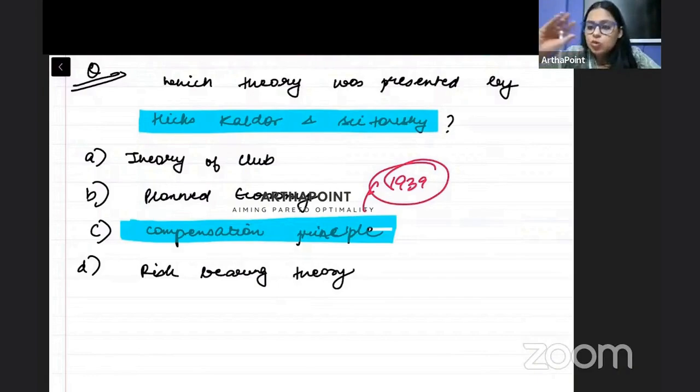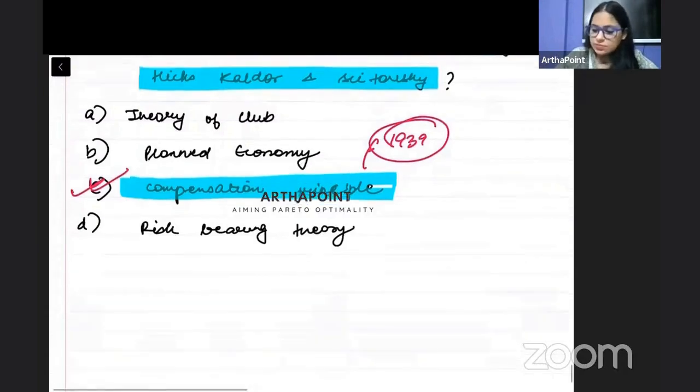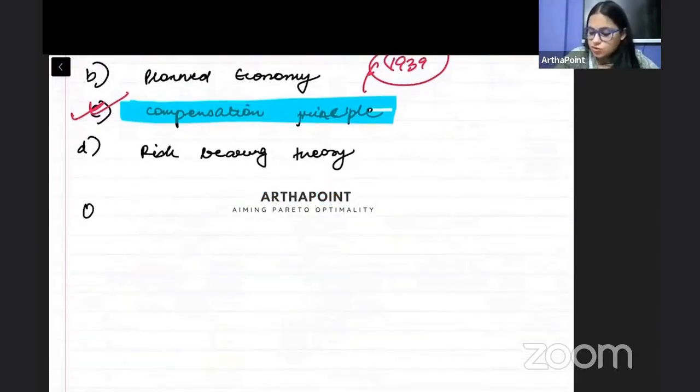About whenever we choose a particular social welfare function, who will be in loss, who will be in gain, can we compensate the people in loss or not? इन सारी बातों के बारे में उन्होंने बात की है, right? So absolutely correct. The correct answer to this question will be C. Right, beta. Next question.